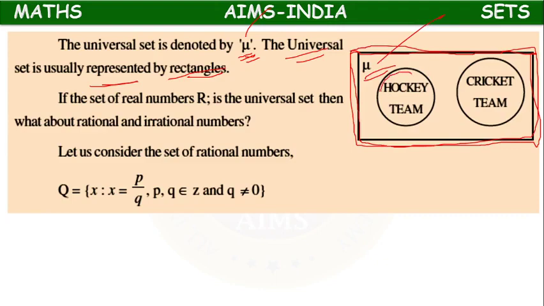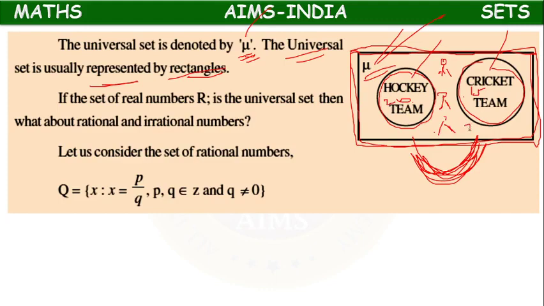In that, hockey team is a subset and cricket team is a subset. Both are different sets, two different sets present in the universal set. Apart from the two sets, there are so many students. If the strength is 500, only 20 members went to the hockey team, 50 members went to the cricket team, only 35 members.